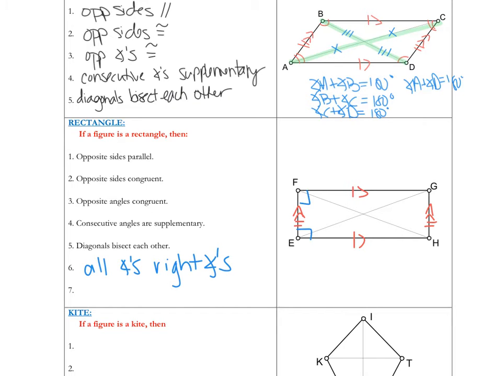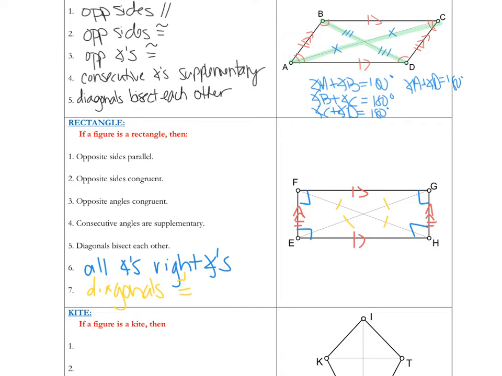So we're going to mark all of these, which would make sense that opposite angles are congruent and that consecutive angles are supplementary. And then another special trait is that the diagonals are actually congruent. So yes, they bisect each other, but they are also all congruent.